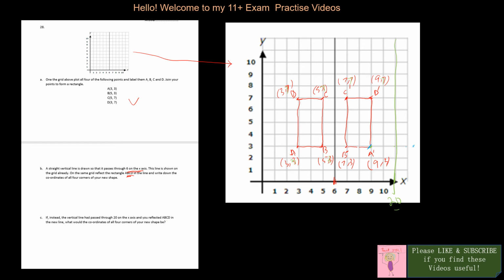So there's another line here. So this is 20, this is 21, and this would be 22. Okay, so this would be reflected because it would move.